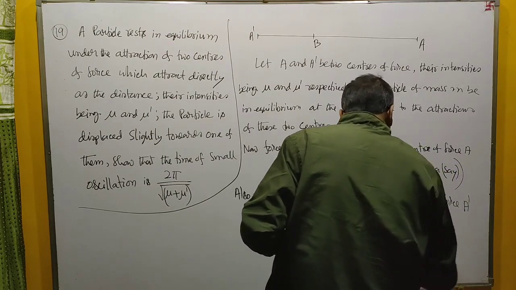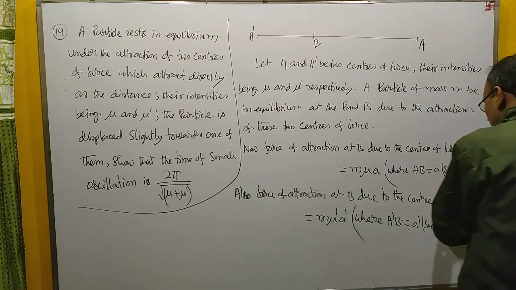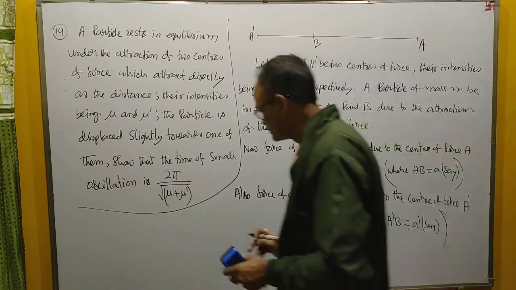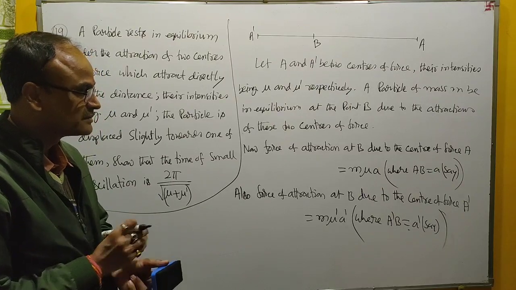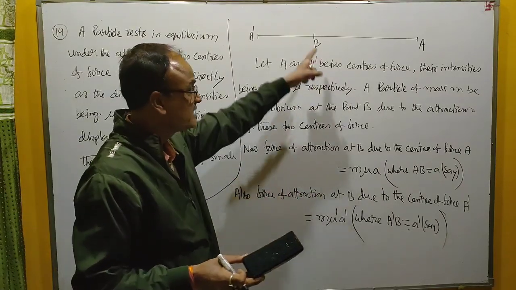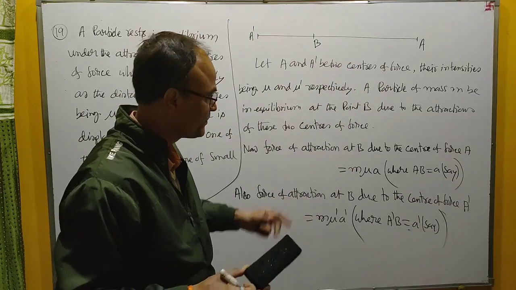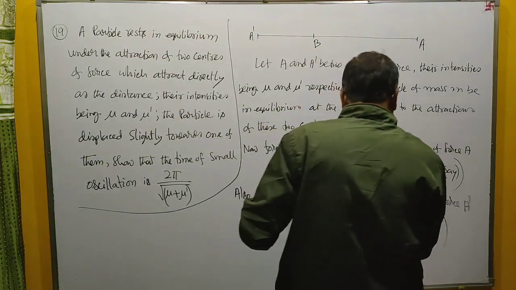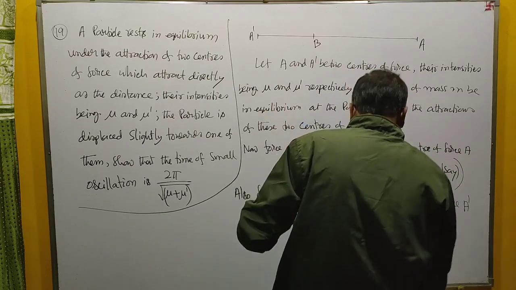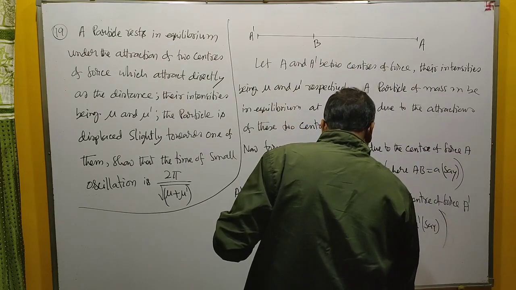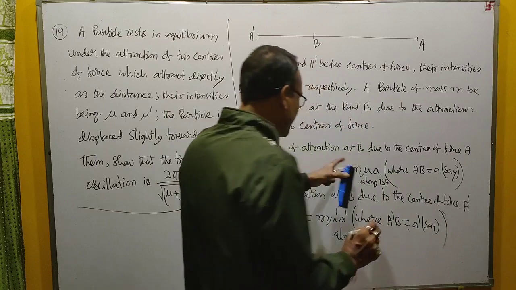The first attraction is in the direction BA, and the second is along BA dash, in the opposite direction.